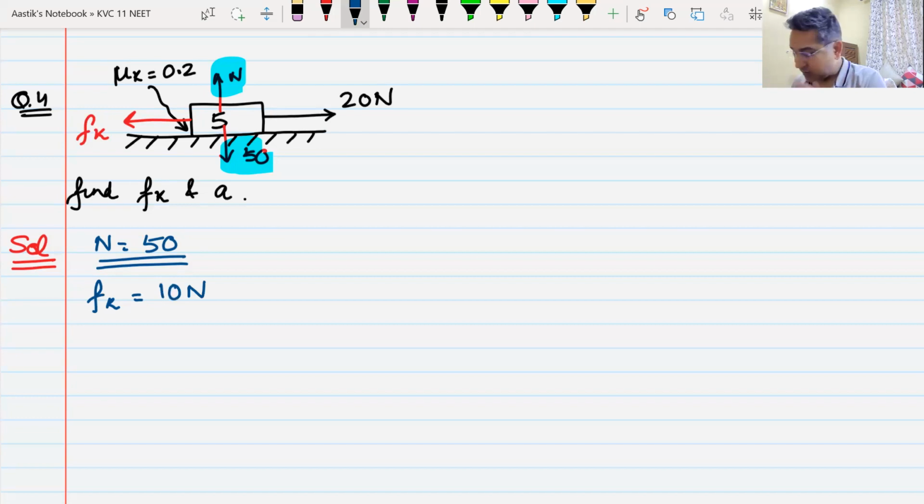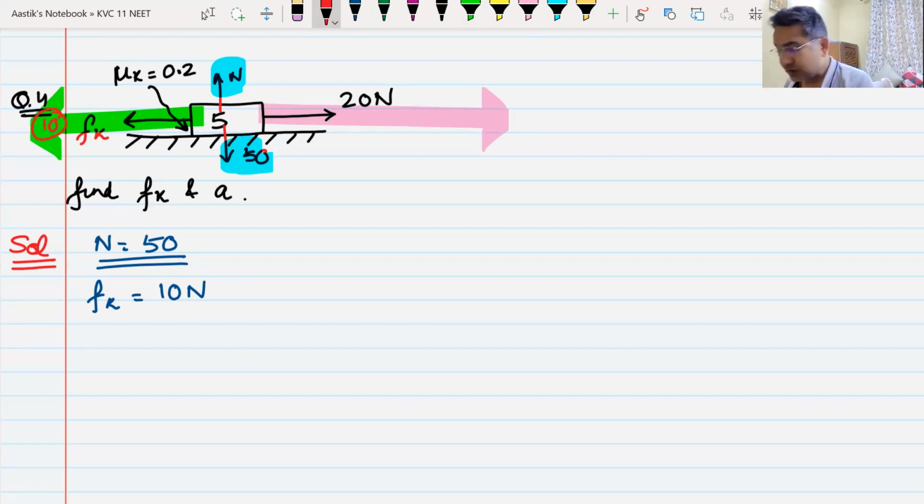Now to find out the acceleration, you cannot divide this 10 newtons by 5 because that is not the only force. There are two forces acting on the body now in the horizontal direction. One is 20 newtons like this, and the other one is 10 newtons like this. So you have to find out the net force.